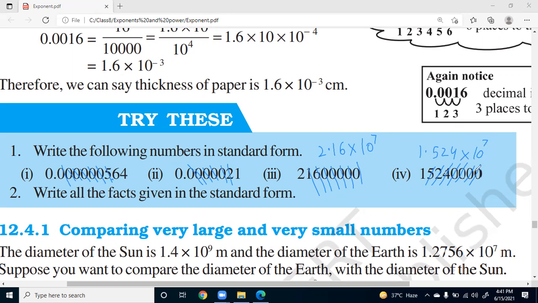It is correct. So 1, 2, 3, 4, 5, 6, 7. So the digit should be 1.524 into 10 raised to the power 7. Yeah, ma'am. Correct. Okay, so let's move to the next part.